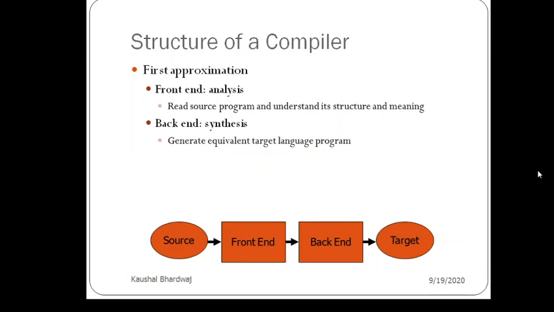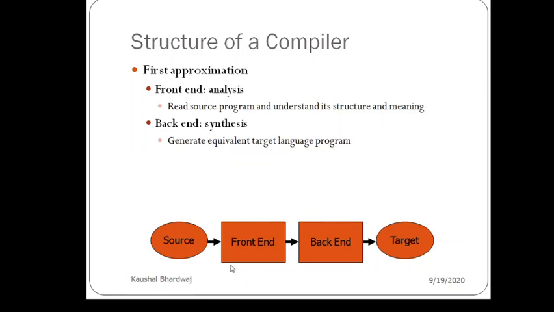All the processes in this compilation can be divided into certain phases. So the first few phases can be considered as front end, and the last few phases can be considered as back end. Front end is also known as analysis, and back end is also known as synthesis.